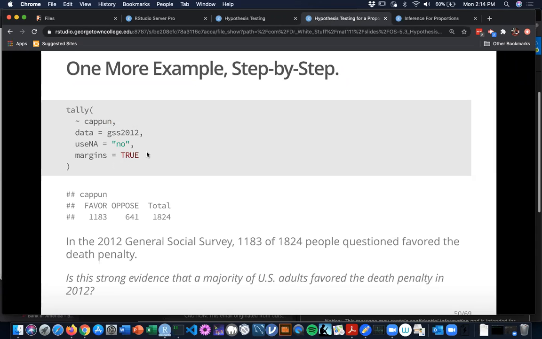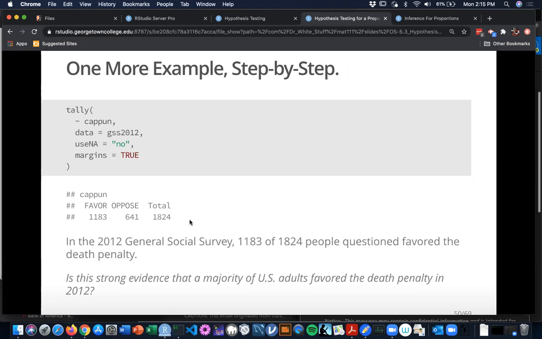Capun was whether or not you favor or oppose capital punishment, and 1,183 out of 1,824 favored capital punishment. Was this considered strong evidence that a majority of all US adults would favor the death penalty if you could have asked all of them back in 2012?